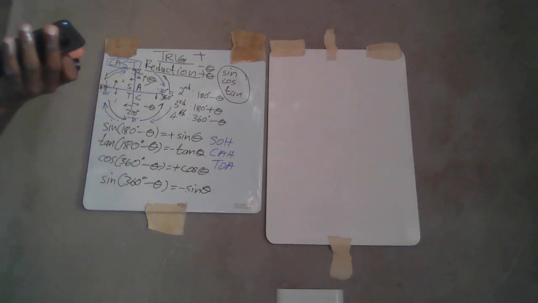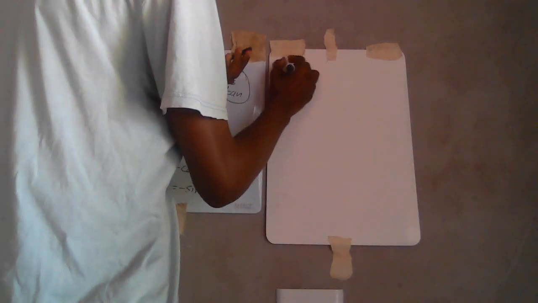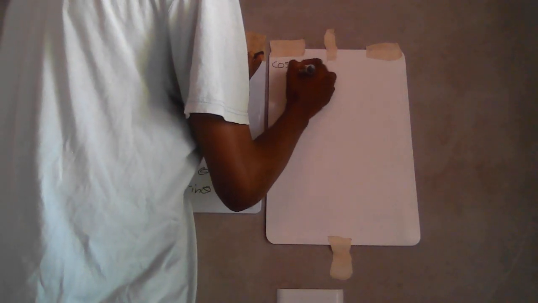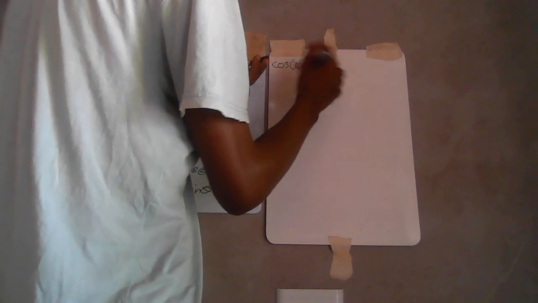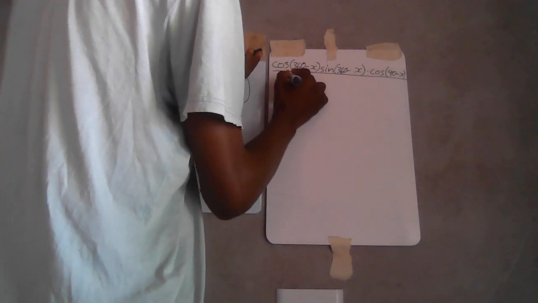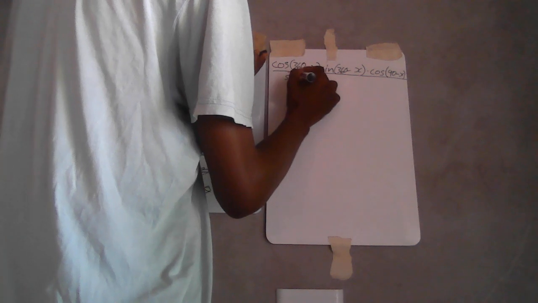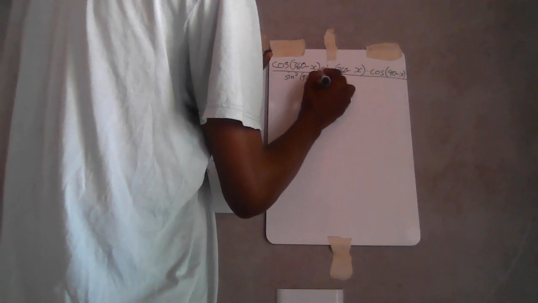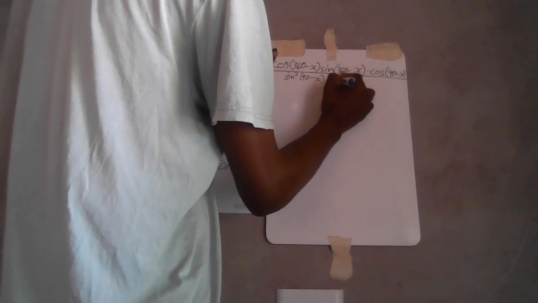Let's say we're having cos 360 minus x, times sine 360 minus x, times cos 90 minus x, divided by sine squared 90 minus x, times sine 180 plus x.